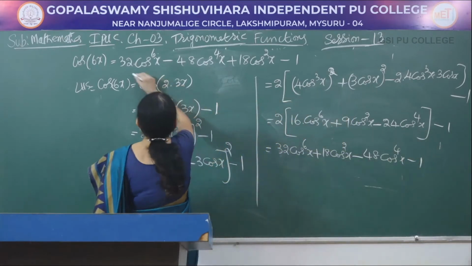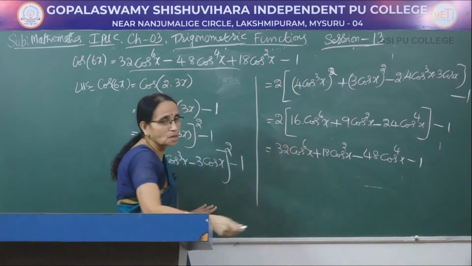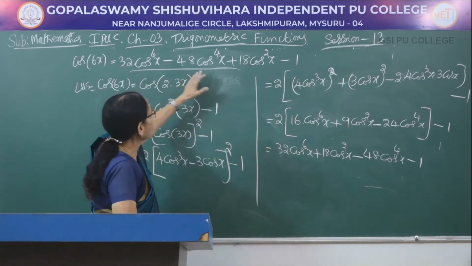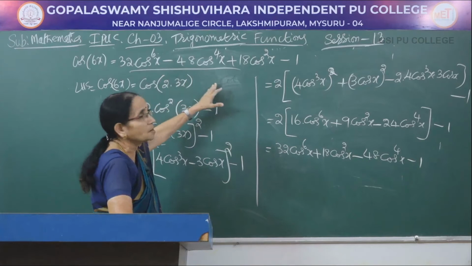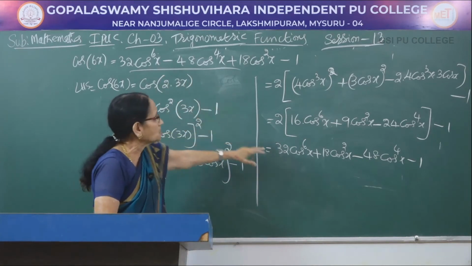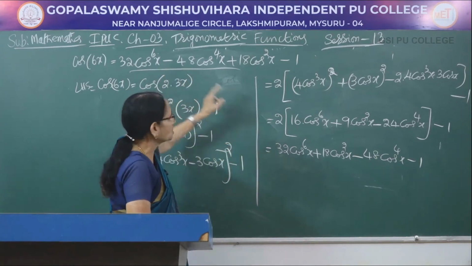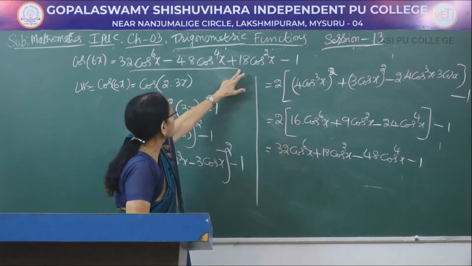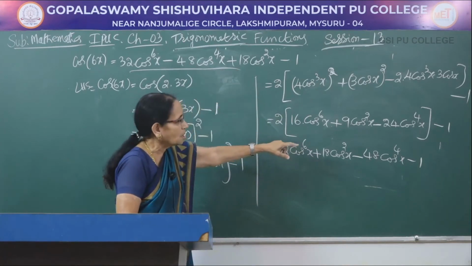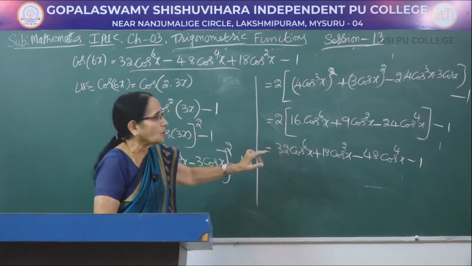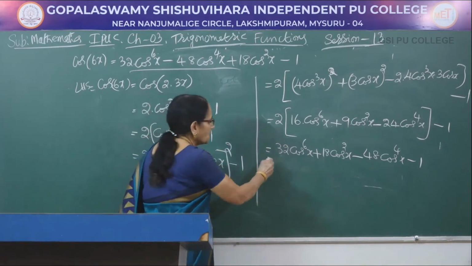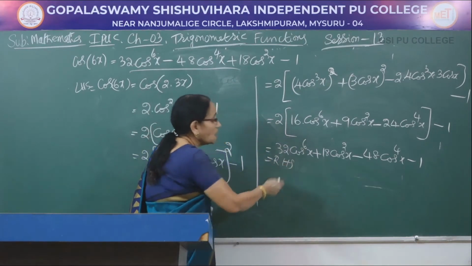You observe, that is what we had. One term is exchanged, that's all. So they have written in the decreasing order of the power of cos here. So 32 cos to the power 6x plus 18 cos square x minus 48 cos to the power 4x minus 1. So that is the right hand side. So we got the answer here.